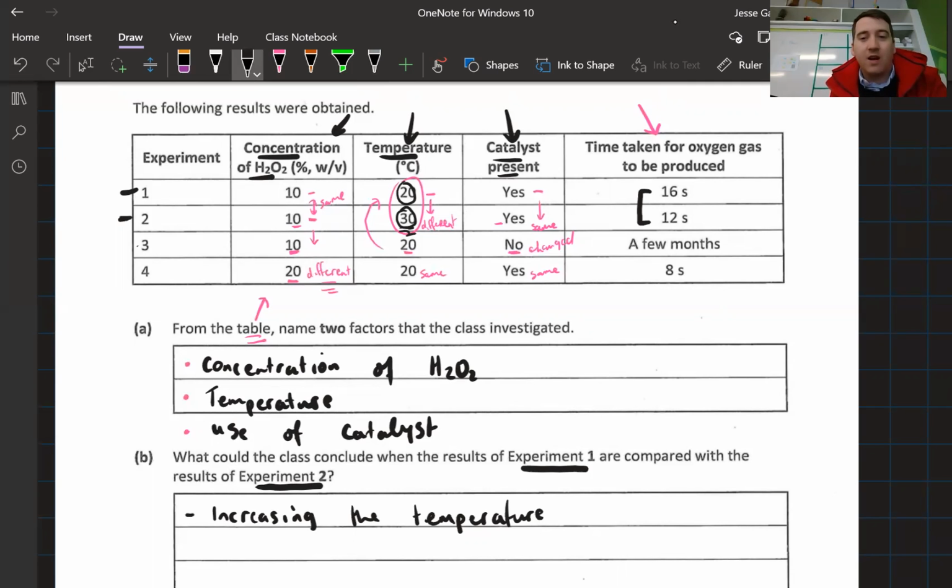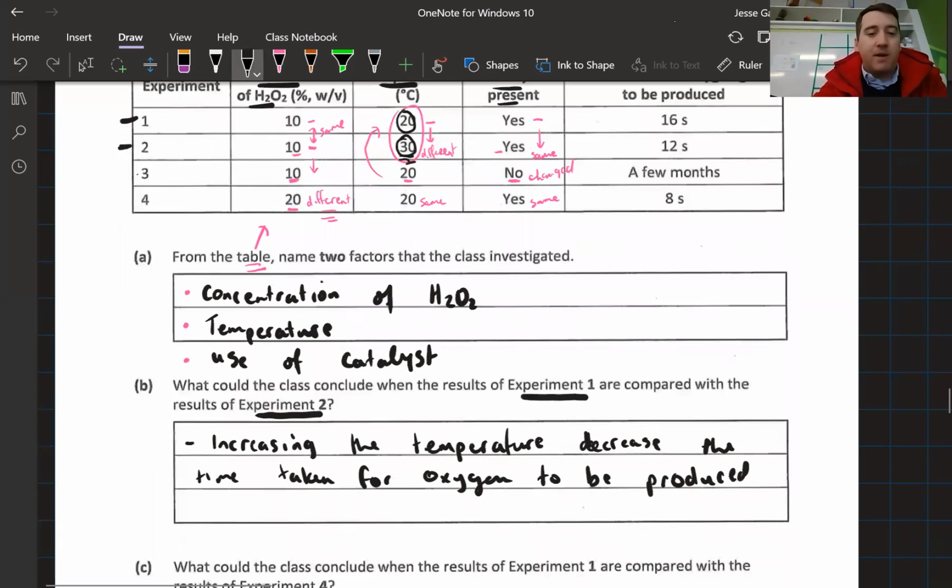So increasing temperature has decreased the time taken for the oxygen to be produced, or it has made the reaction go quicker. An alternative answer, I'll remind you, is that increasing the temperature has increased the speed of the reaction because the oxygen is now being made quicker. Right, on to the next bit.